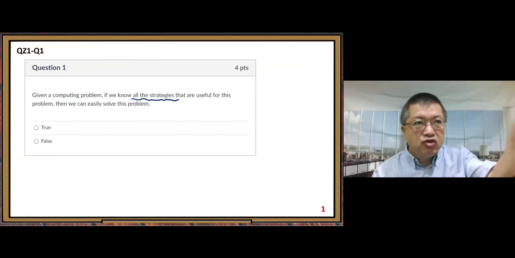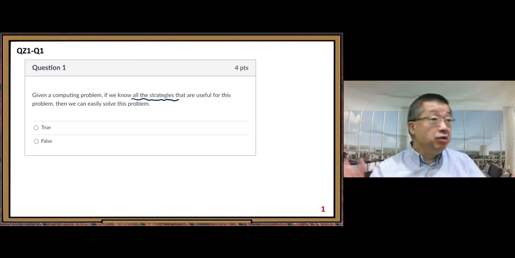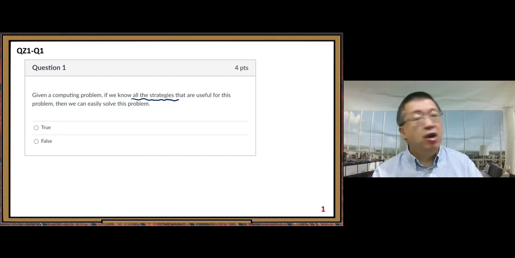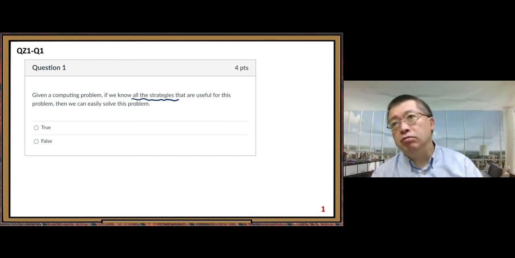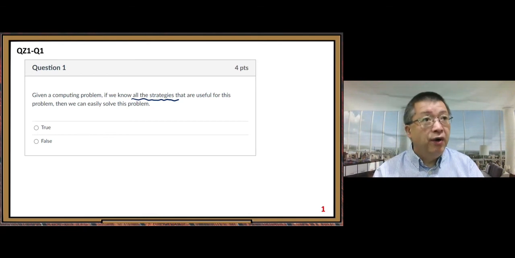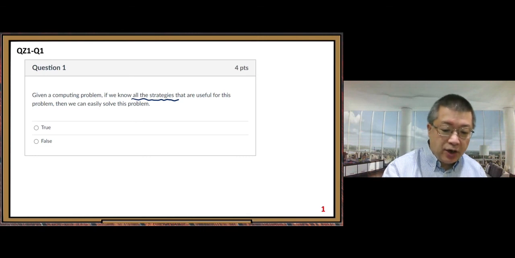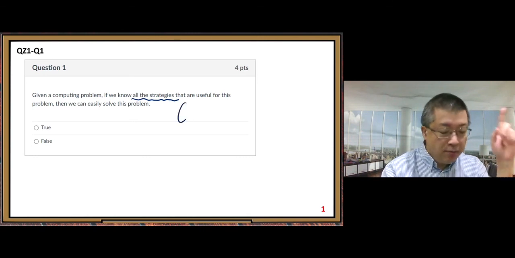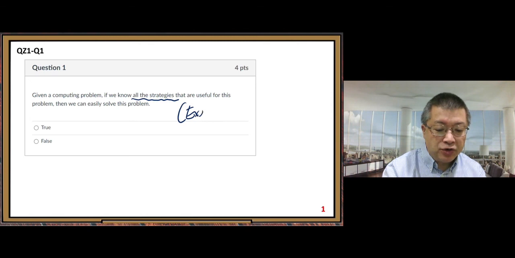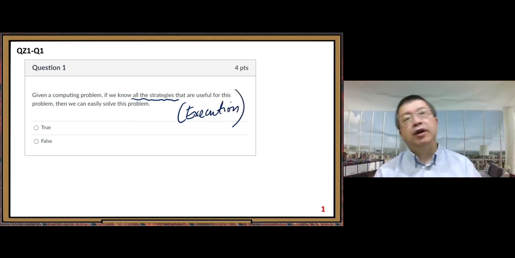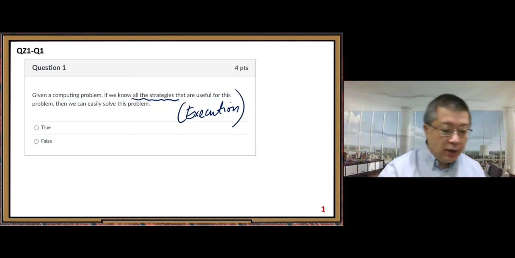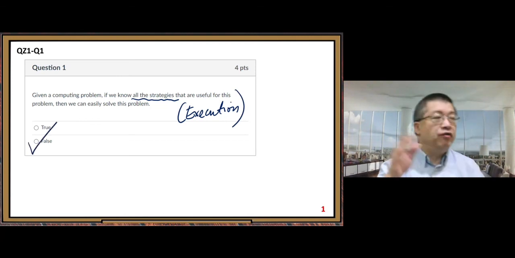If you only have the strategies, but you do not know how to execute those strategies, still, there is no way you can solve the problem, especially those relatively hard problems. So here the main missing piece, execution factor. All right, so here, answer false.